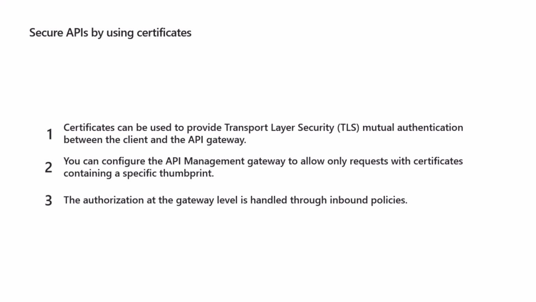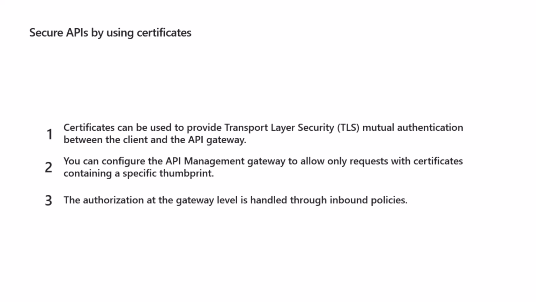The authorization at the gateway level is handled through inbound policies. And in the consumption tier of Azure API Management, you can use certificate authorization policies to handle client certificates. These policies allow you to perform various checks on client certificates to ensure secure access to your APIs.